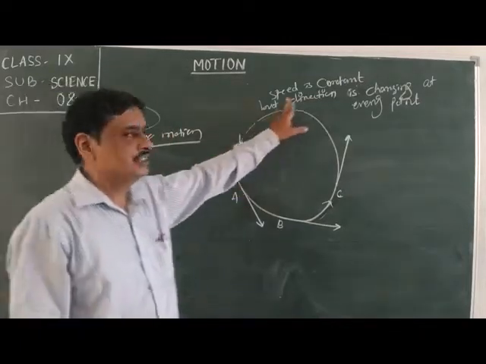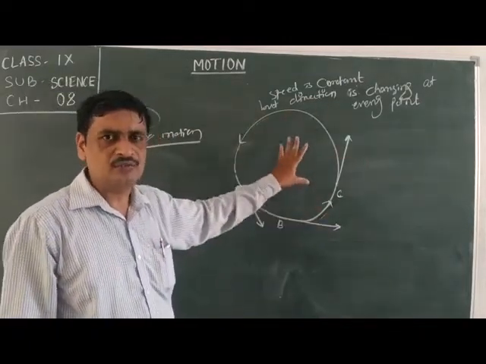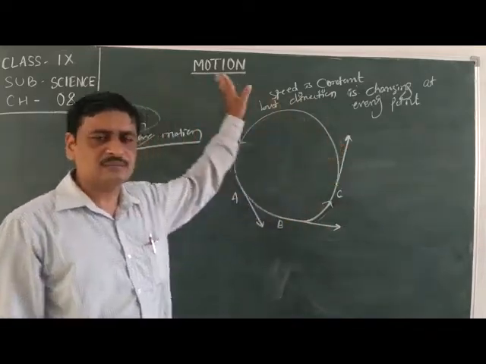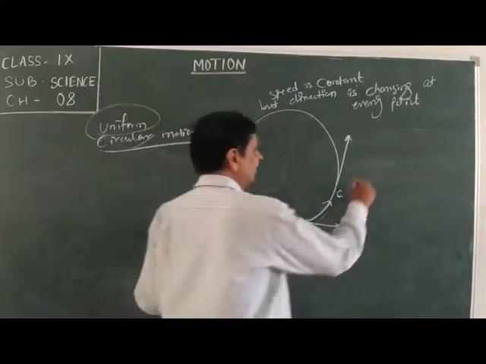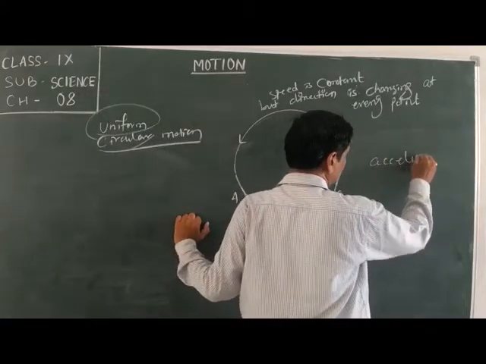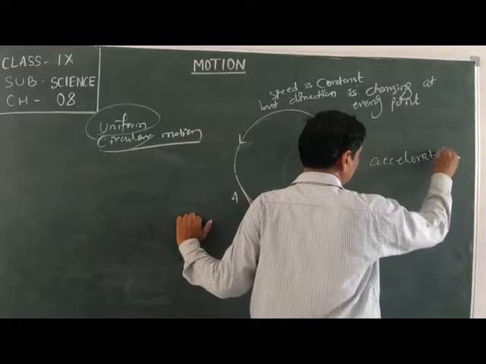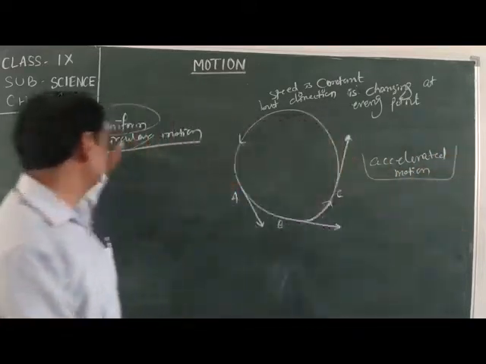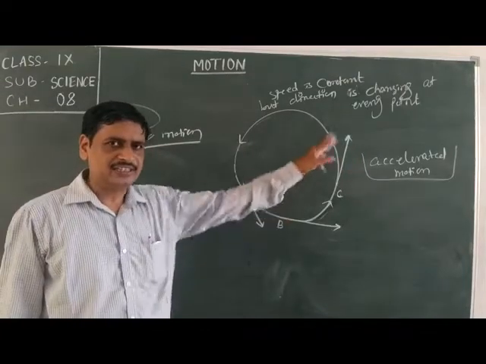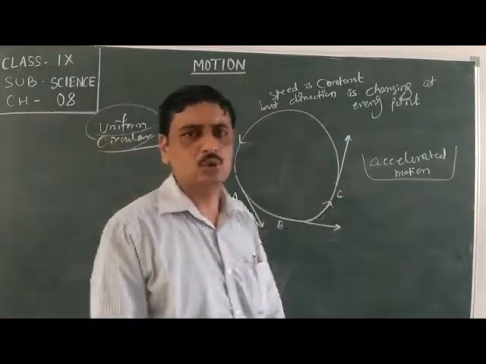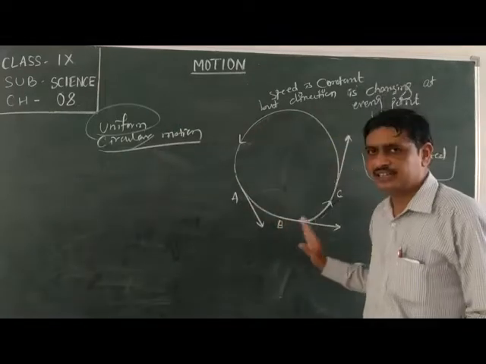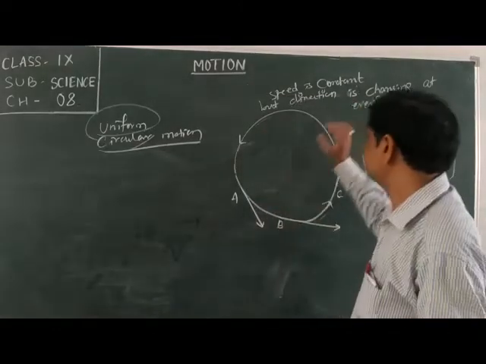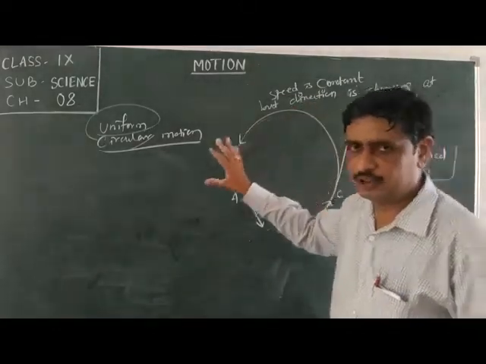So this type of motion involves acceleration. Uniform circular motion is called accelerated motion even if the body shows a constant speed in the path. When it is in motion, it shows constant speed, but the direction at every point will change.